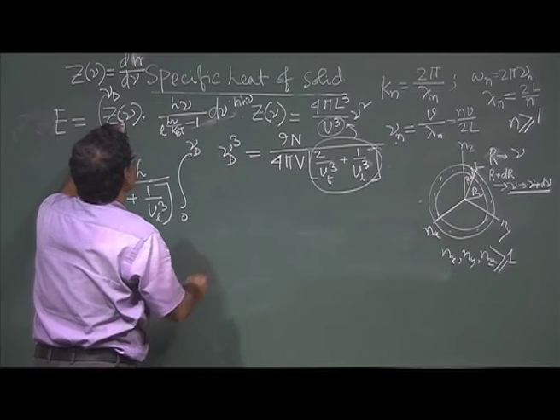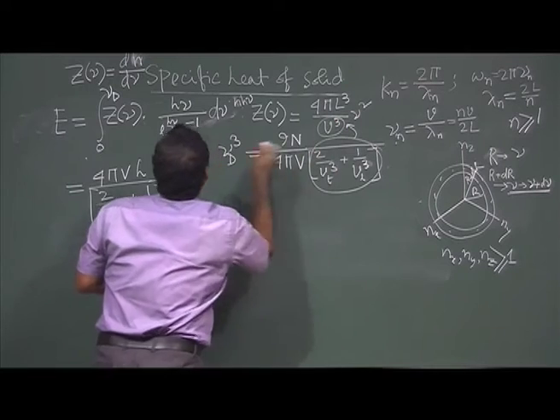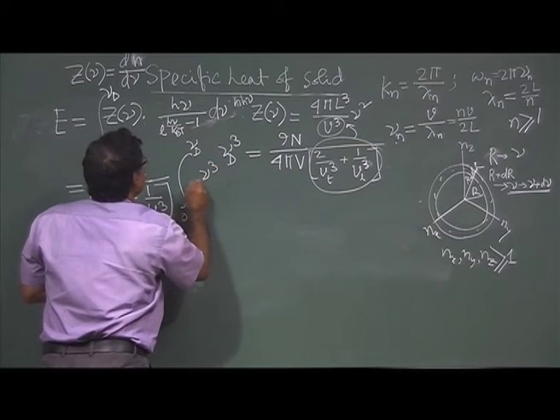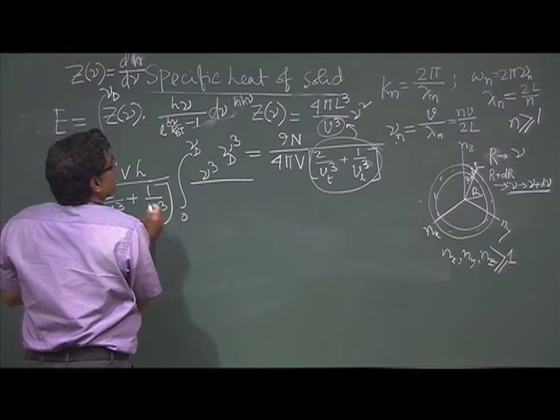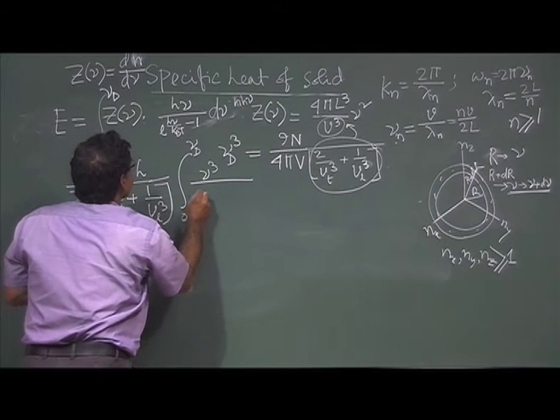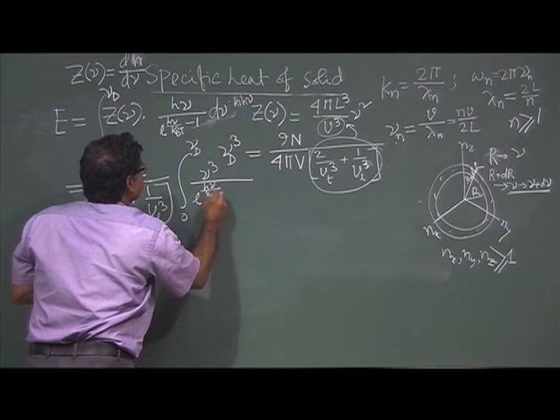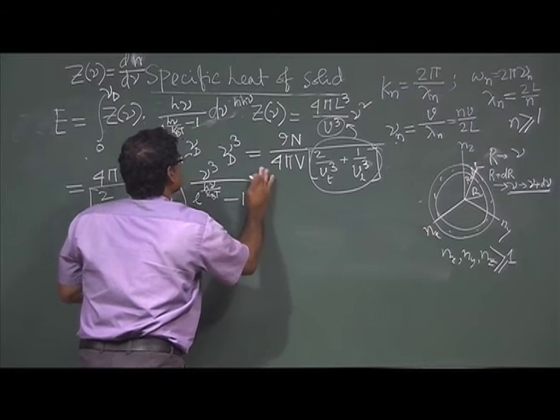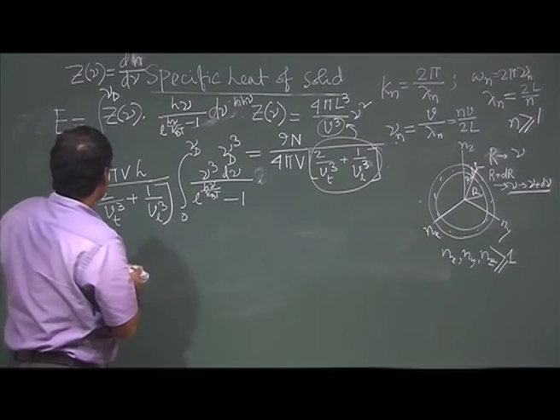Here nu square is there, so it will be nu cube divided by nu cube, since from here only nu square is coming. So nu cube, e to the power h nu by k_B T minus 1, d nu.